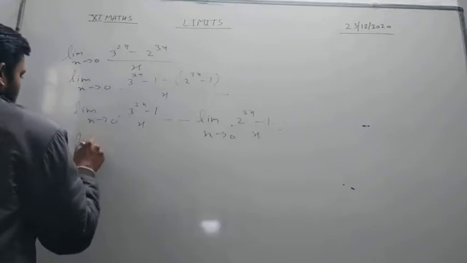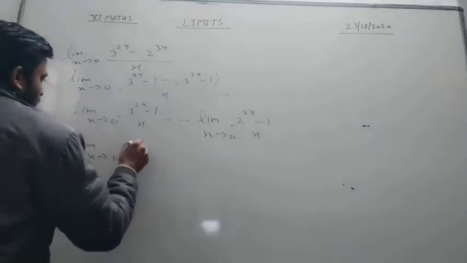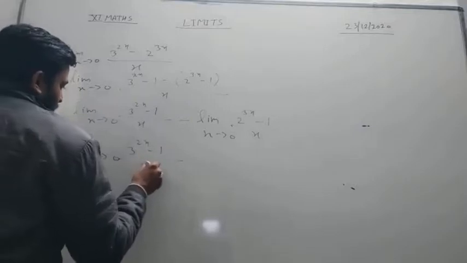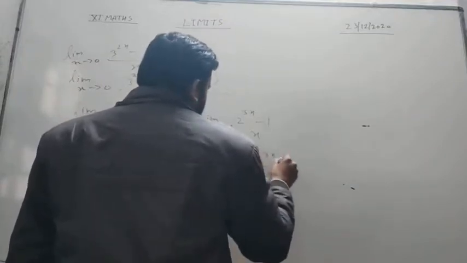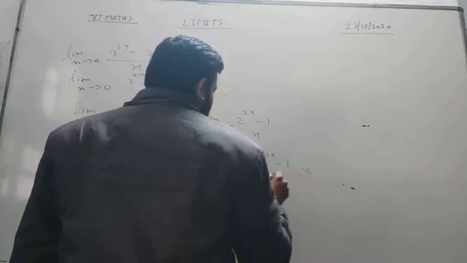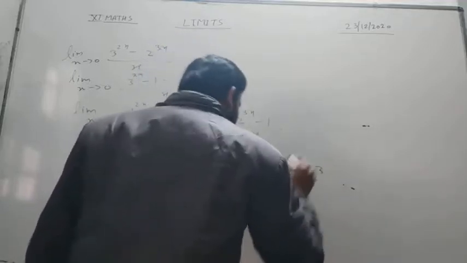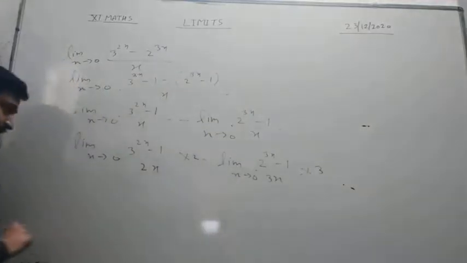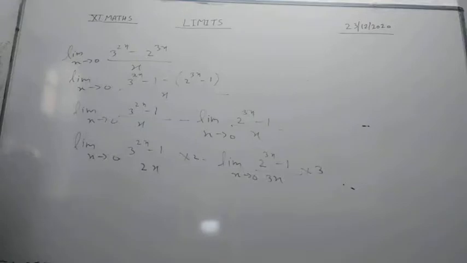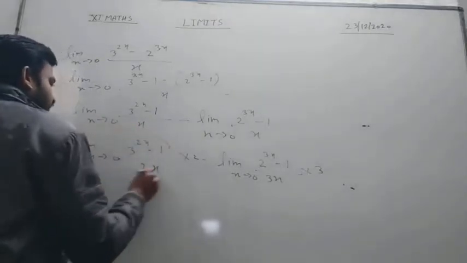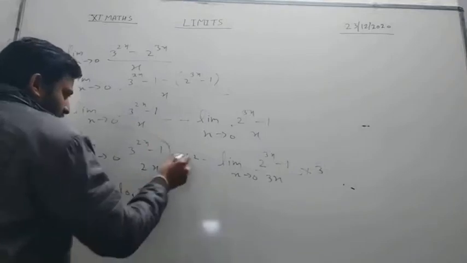Now student, limit x tends to 0, 3 to the power 2x minus 1 by 2x into 2, and limit x tends to 0, 2 to the power 3x minus 1 by 3x into 3. So student, what we are getting, this term is what? This term is log of 3, so this term is log of 3 into 2.